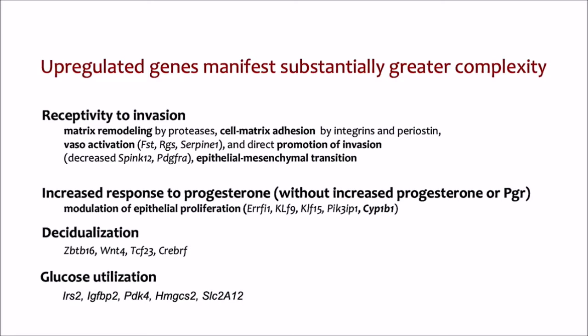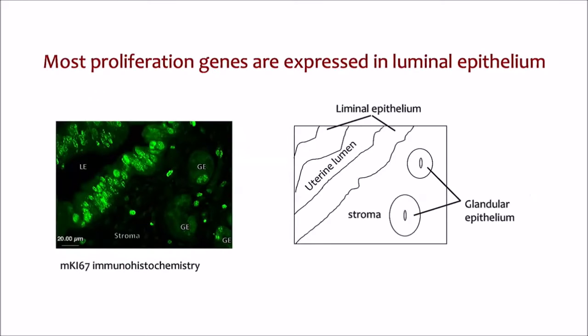And we have increased response to progesterone without actually having at that time progesterone receptor being upregulated in the transgenic line. So it seems it's doing something that Wnt4 is normally doing downstream of progesterone, but in this case without progesterone. We have some of the genes that are associated and necessary for decidualization being upregulated, and some glucose utilization genes.